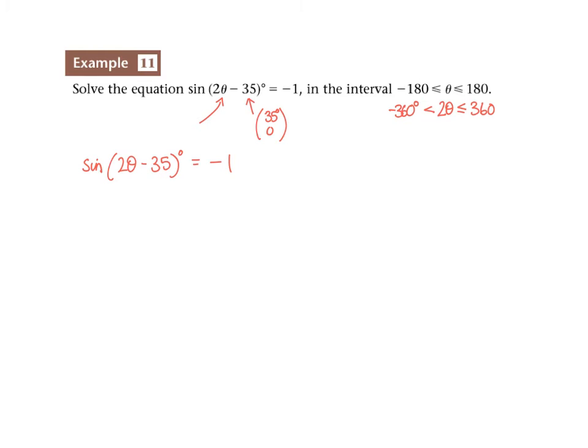Now our ratio is minus 1, but if we look on the sine graph, we can see that minus 1 happens at this part here, which is 270, and the same at here, that's actually minus 1 as well, at minus 90.